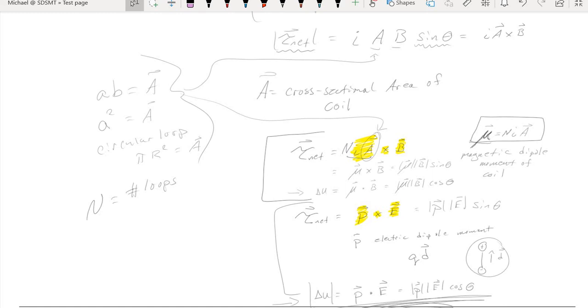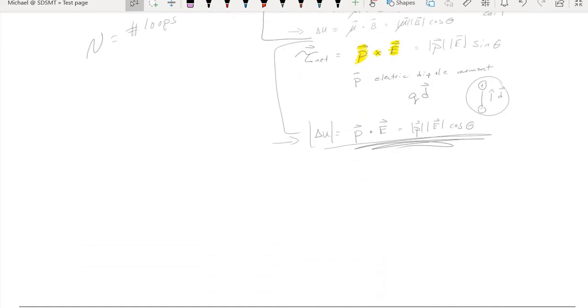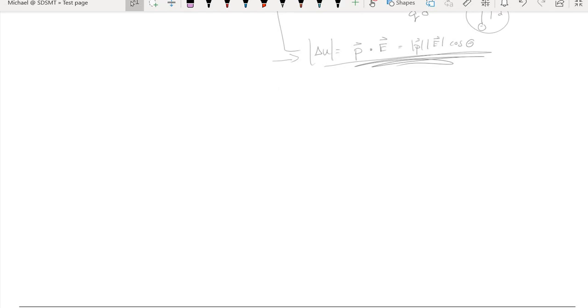In the next chapter, chapter 29, we're kind of going to reverse things, because in this chapter, we've been talking about how a magnetic field will affect current, and that's mainly been with our force expressions. We had QV cross B, we had IL cross B. So this was for a single charge.